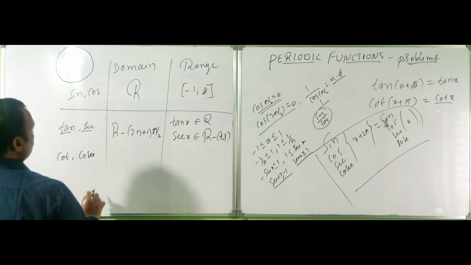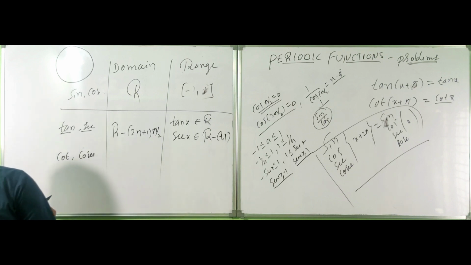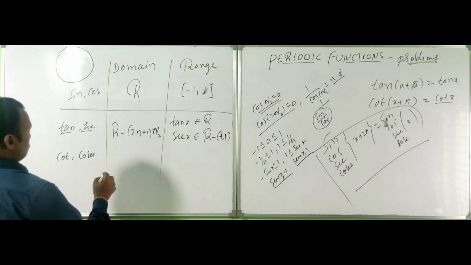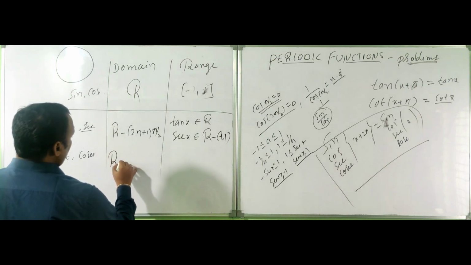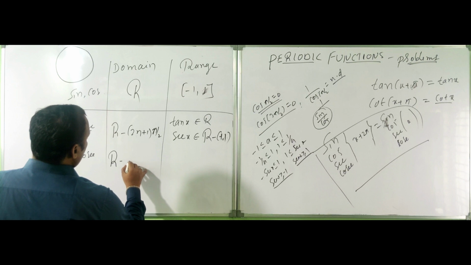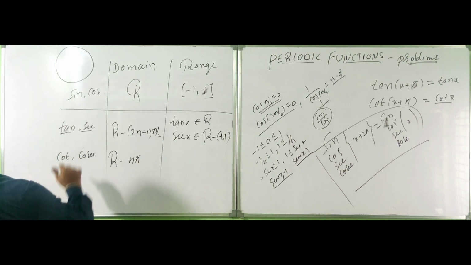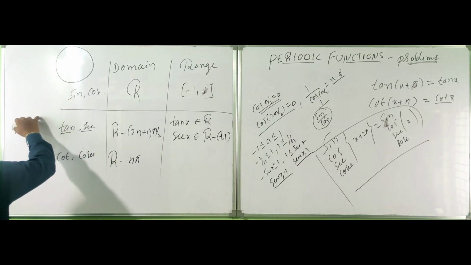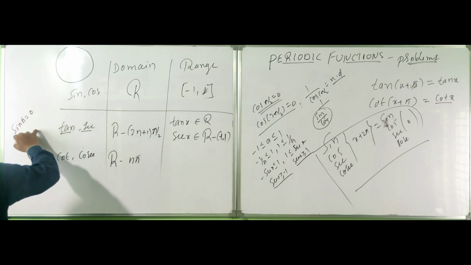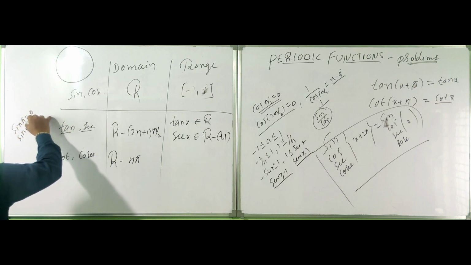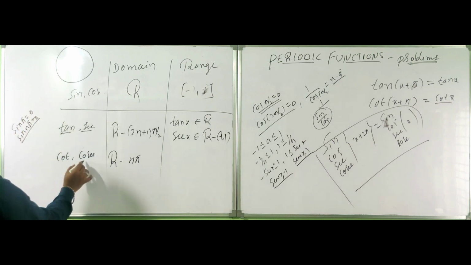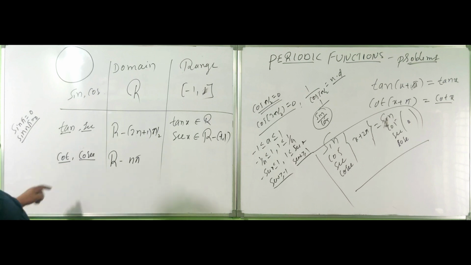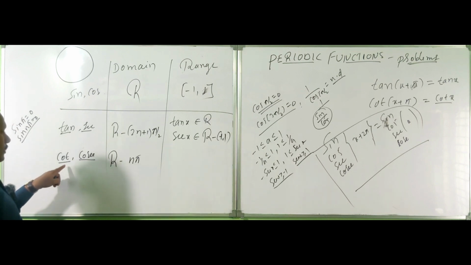For cosecant theta, the domain becomes R minus n pi, because sin n pi is equal to 0, so the denominator has sin theta, and here also sin theta.